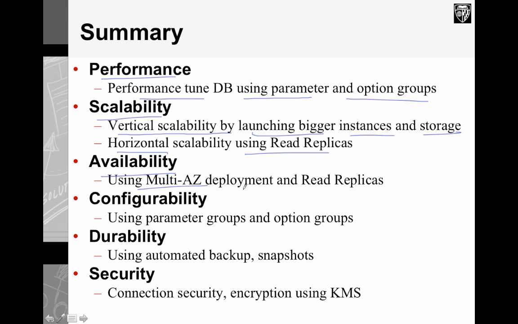Availability is achieved using multi-AZ deployment and read replicas, where the application reads from the read replicas and writes to the master. Configurability, using parameter groups and option groups to configure your database instance. Durability, achieved using automated backup and snapshots. Security, achieved using connection security, and also encryption using KMS, which is the Key Management Service, uses SSL for both of them.